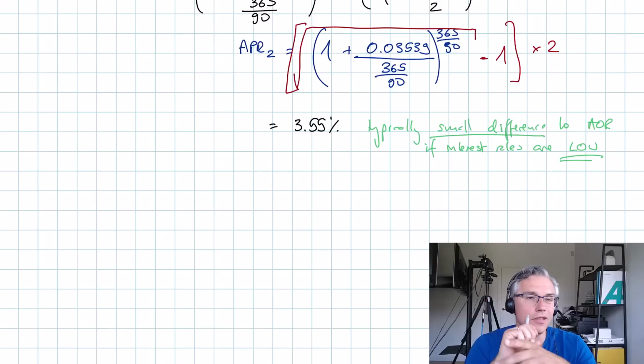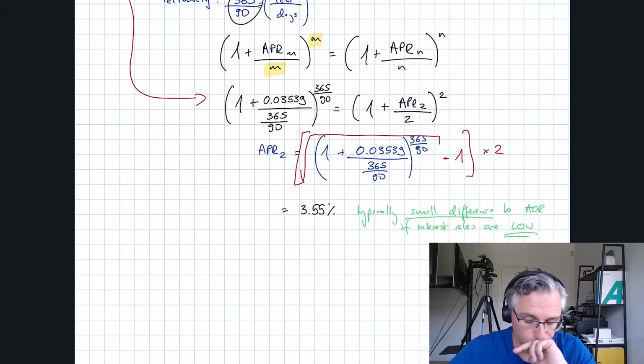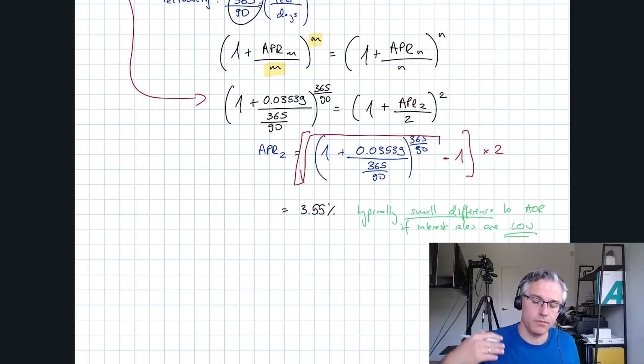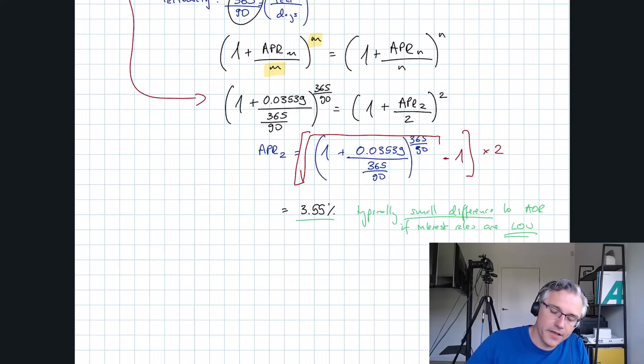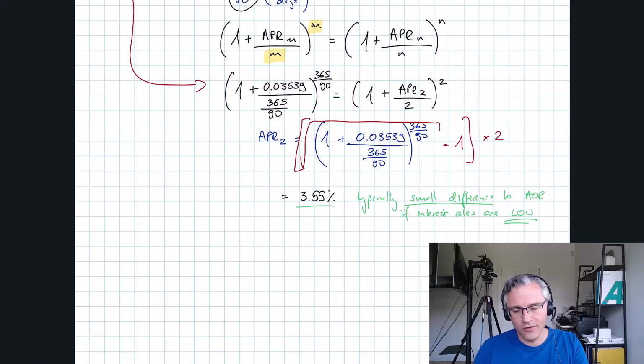If they were higher, double-digit figures, you would see more of a difference. And just as a sanity check, with the compounding assumption in place, you're going to get a slightly higher result in this case than you would without the compounding. But don't worry about it too much. I don't think you're going to get this tested. You're not going to get tested on this in the exam.